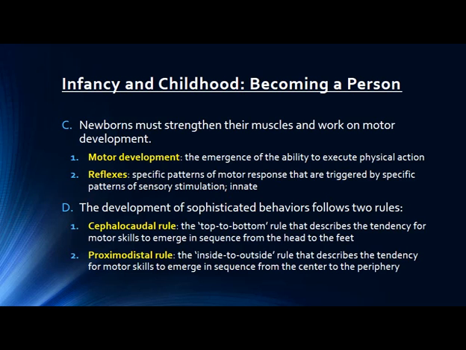So from top to the bottom and from the midline to the outside is how these start to emerge. And so they start getting better and better. Anyone who's been around infants knows that they start getting good at grabbing things. They'll pull themselves up. That's sort of one of the developmental timelines where they can stand up when they've got a hold of something. And then the sort of last thing that emerges is their actual ability to walk.